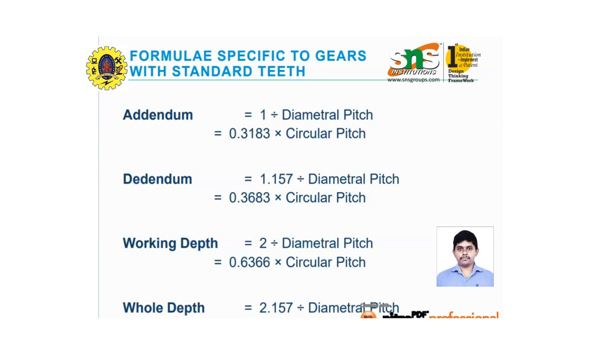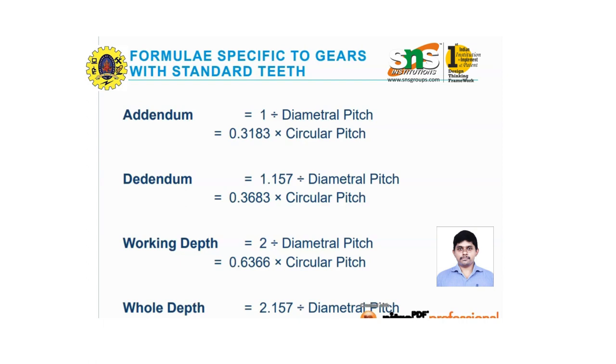Wherever you take working depth, what is meant by working depth? When there is meshing between the two gears, we need to know how much depth has been travelled. Low velocity gears have a velocity which is less than 3 meters when the two gears are in contact. Medium velocity has a velocity of 3 to towards the center.